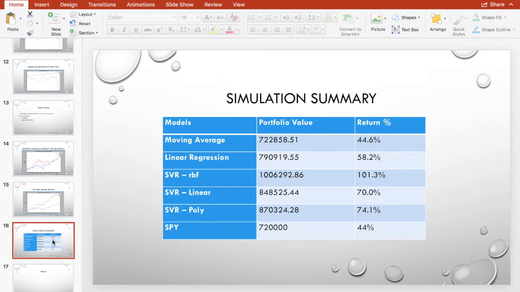And this is the return for the other models. As you can see, SVR RBF has the highest return, followed by the polynomial kernel SVR model, the linear SVR model, and linear regression, and finally the moving average and SPY have about the same return.